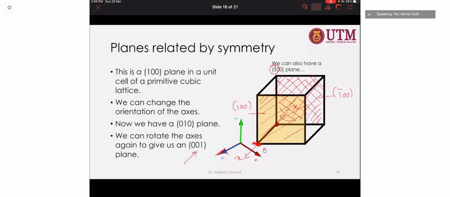So it is identical between this one and this one. Actually (100) is equivalent to (1 bar 0 0). It's identical. Just because of your origin it gives this value, but actually it's the same plane.